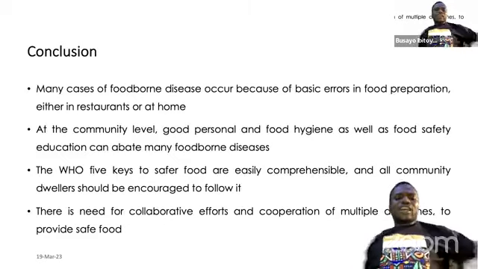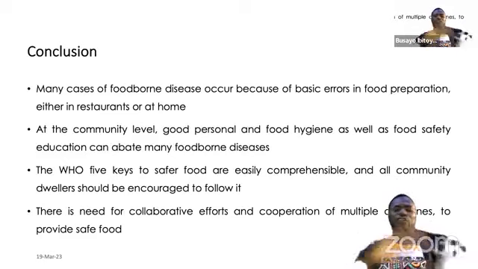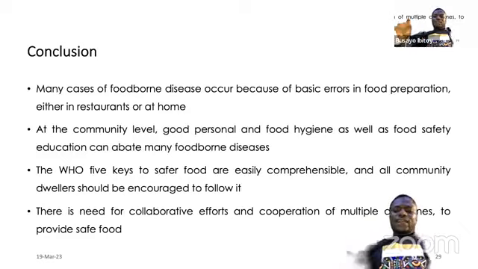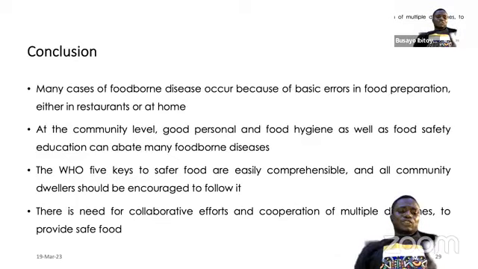The WHO 5 keys to safer food are easily comprehensible, can be understood, and can be applied by anybody, and all community dwellers should be encouraged to follow them at all times so that we can safeguard our health and eliminate food safety issues.